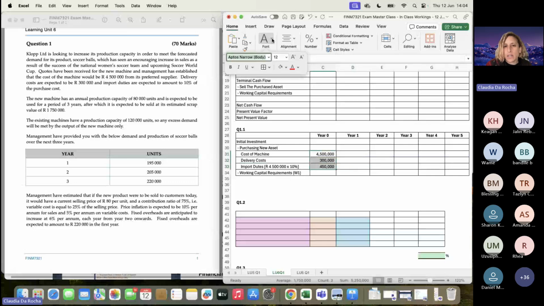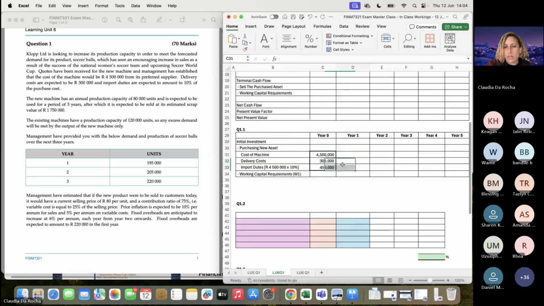Okay, so our machine, perfect. And because our initial investment is a purchase, we have to make sure that the value is negative when we're reflecting it in our cash flow item.